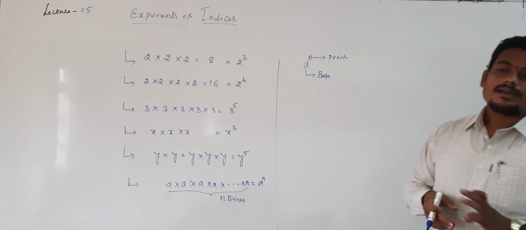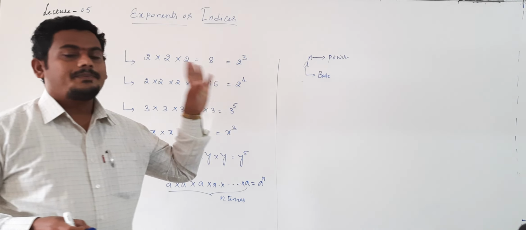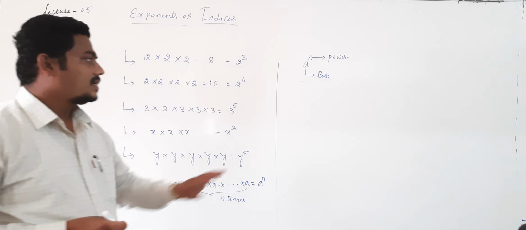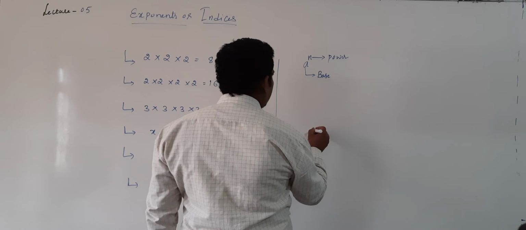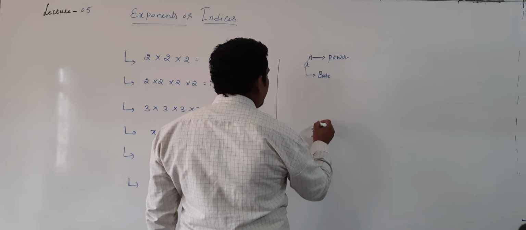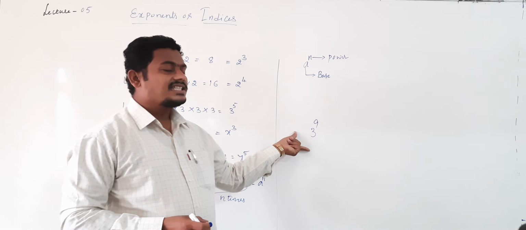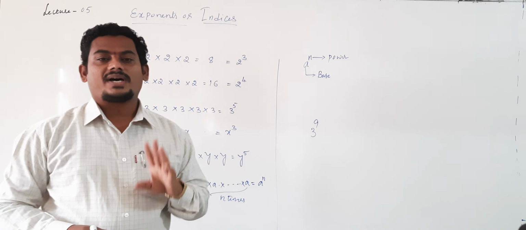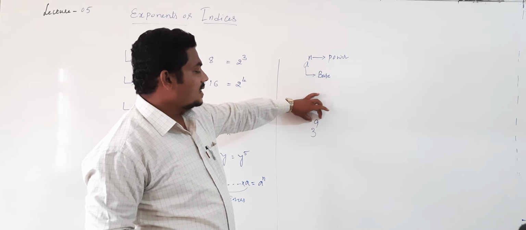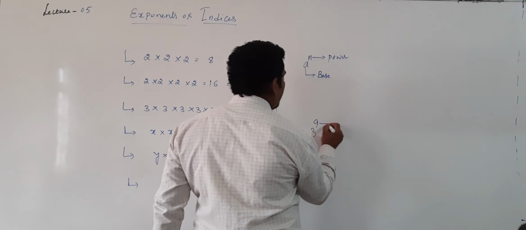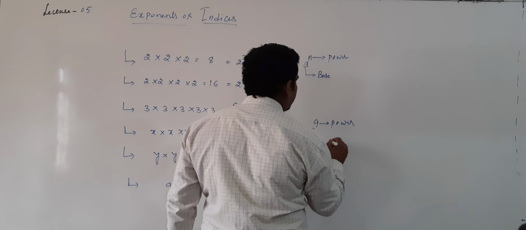If you write 3 power 9, in 3 power 9, 3 is the base and 9 is the power.